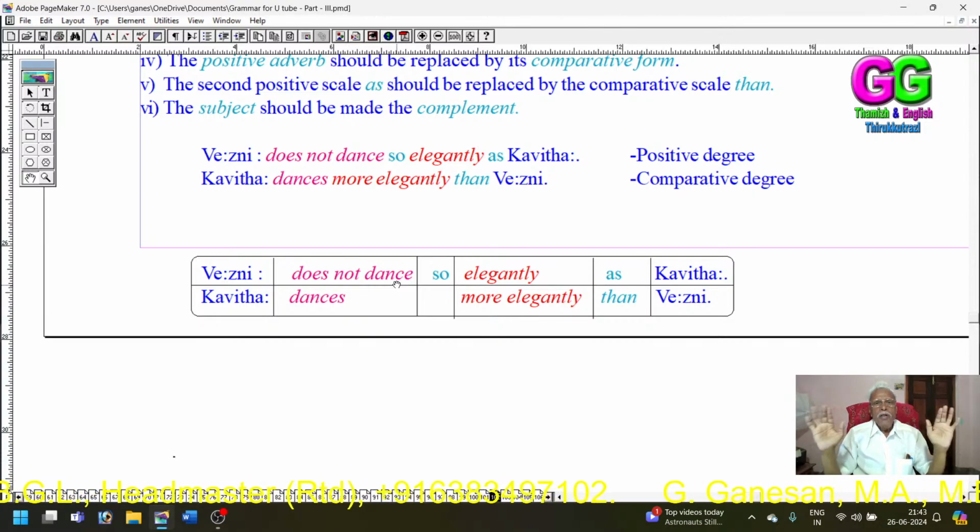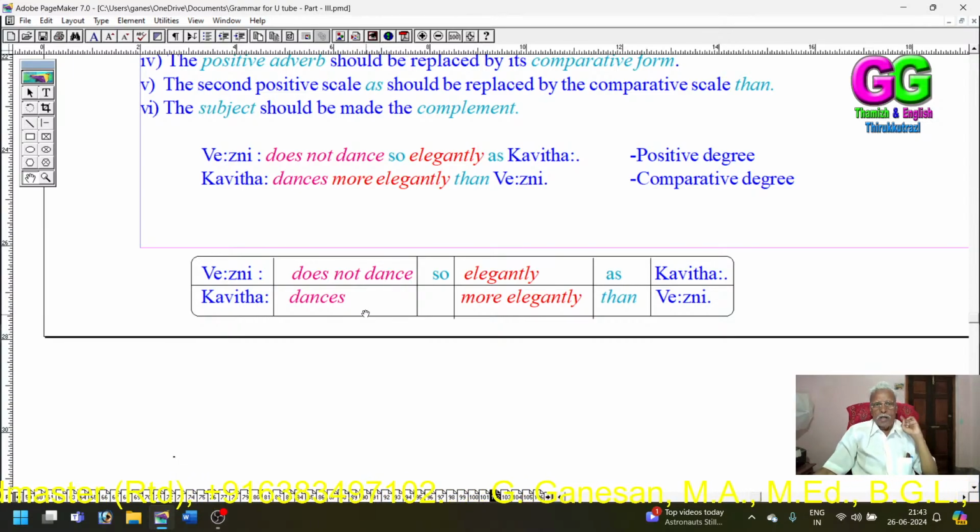Third person singular. So the positive of does not dance is dance or dances. Which verb do we have to use here?